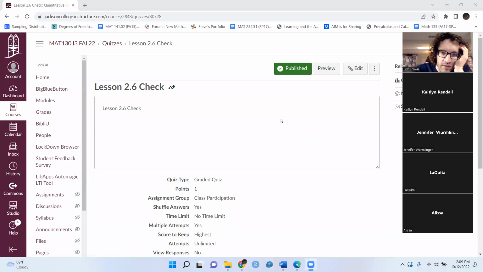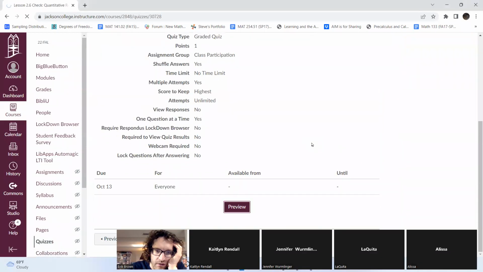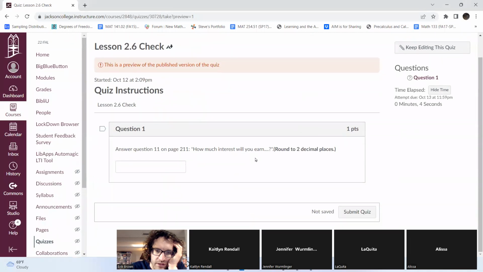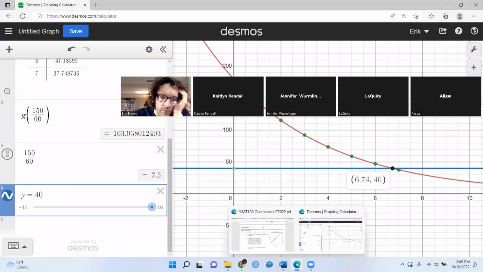Oh, thank you. I have not posted the chart. Let's dump that in there while we're all here, so that you all can get going on the stuff. So this one is, how much interest will you earn? It's page 211, question 11. That's one of the ones we did here. Whoops, wrong one.